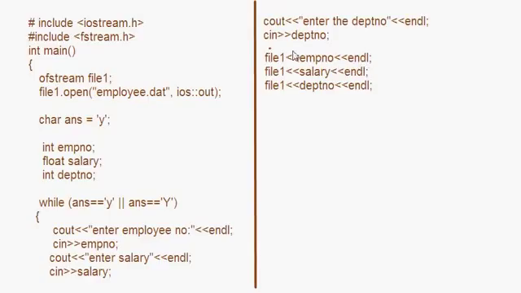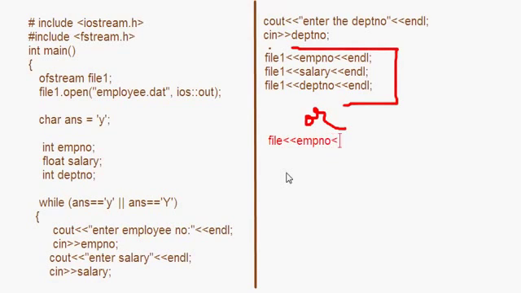I'll show you one alternative here. Either you can write like this or you can write something like this: file1, emp number, then you give a space, and then again you write salary, then again some space, and then you write department number, then you put an endl.